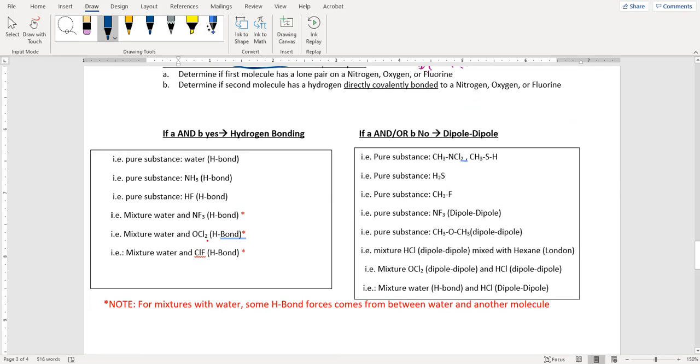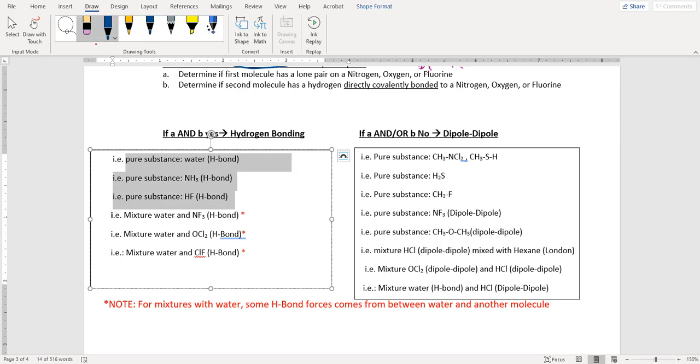So I've given you multiple examples down here as a pure substance. If A and B are yes, it's going to be hydrogen bonding. So here are examples of that as a pure substance, and then mixed with water.